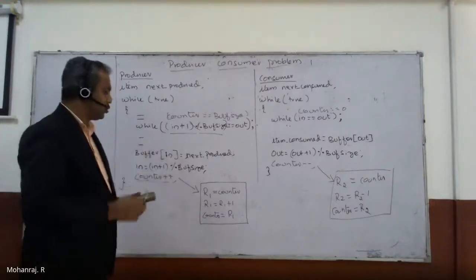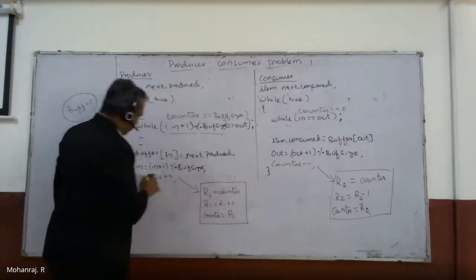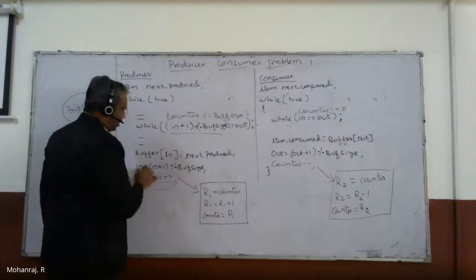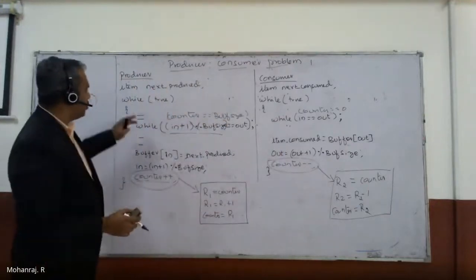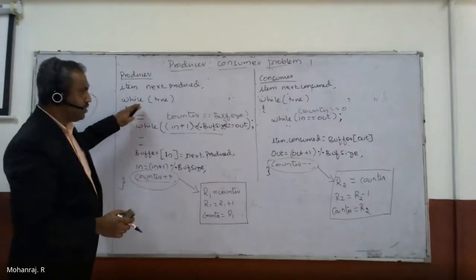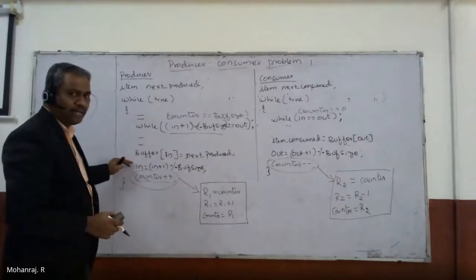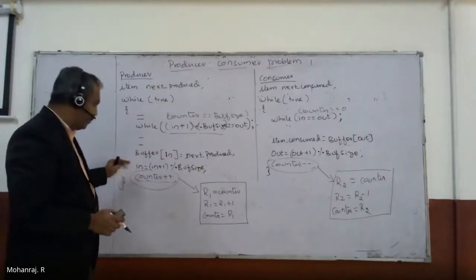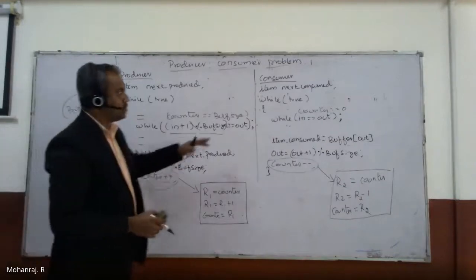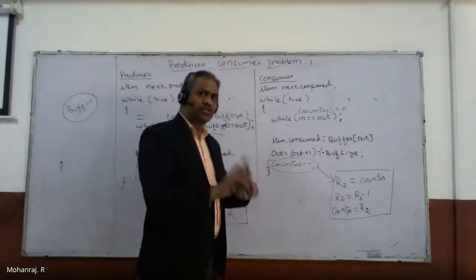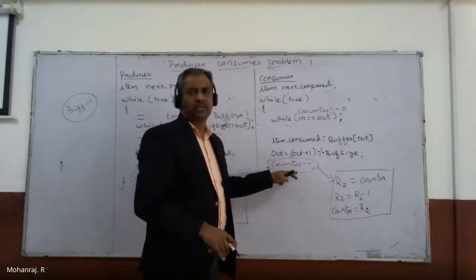So in that kind of situation, let us assume the execution of counter plus plus and counter minus minus. Now let us assume the producer is busy producing an item, and it has produced it and placed an item in the buffer, but it is trying to execute counter plus plus. In the same way, the consumer has consumed some item, and it is trying to decrement the counter value.